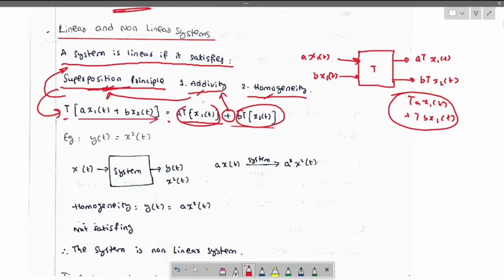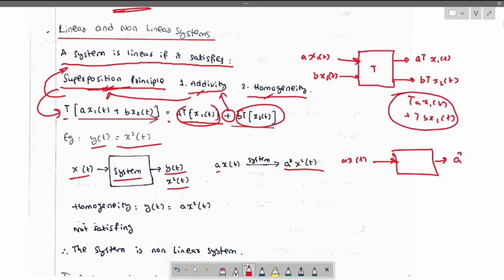Now let us see one example. You will get the idea on this. Here y of t equals x square of t. When x of t is passing through the system, we get y of t, which is x square of t. Suppose we add a constant to it, like a x of t, and pass it to the system.